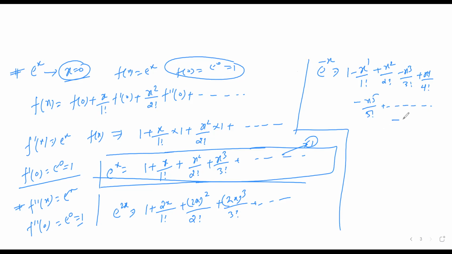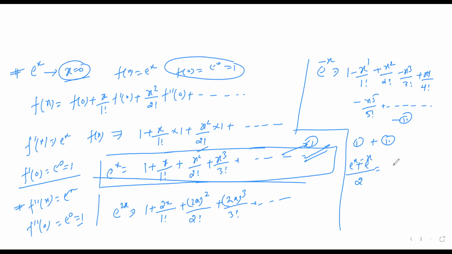And let's say that this is equation number 2. This is equation number 1 and this is equation number 2. If you add equations 1 and 2, the odd power will get cancelled. So you look at it here, e raised to x plus e raised to minus x divided by 2, because 1 plus 1 is 2, and odd power will get cancelled, the even power will get added, so that will become twice.